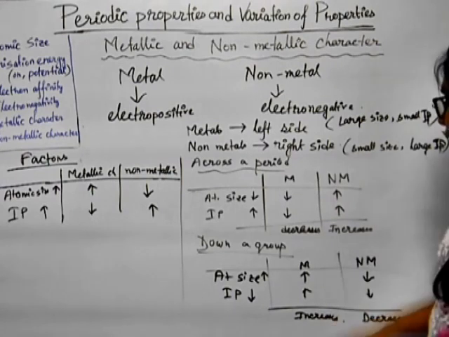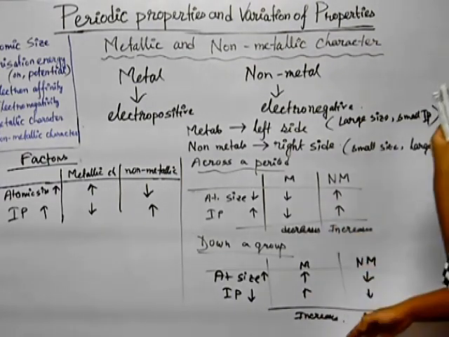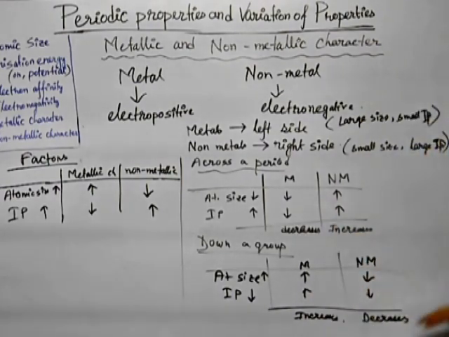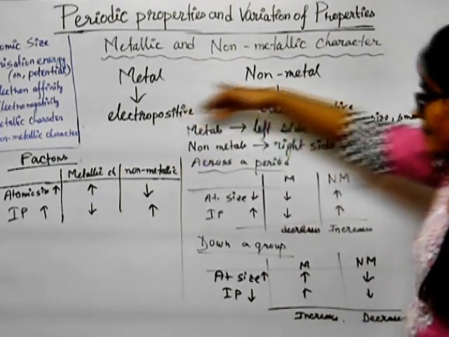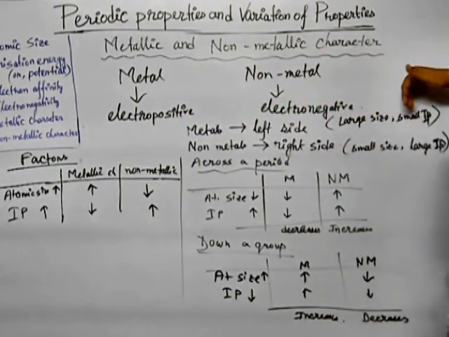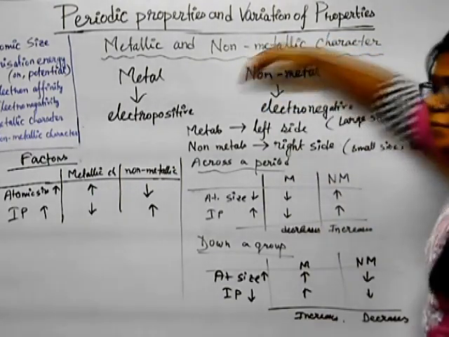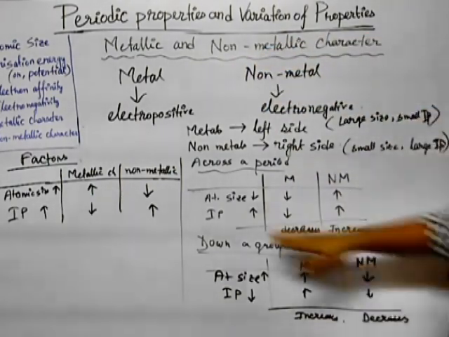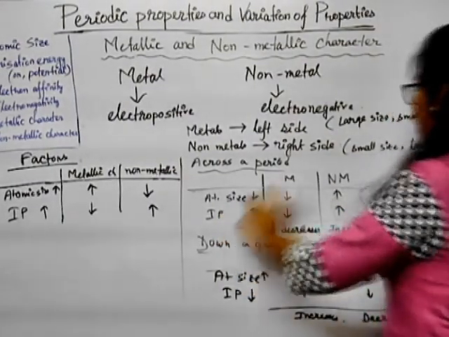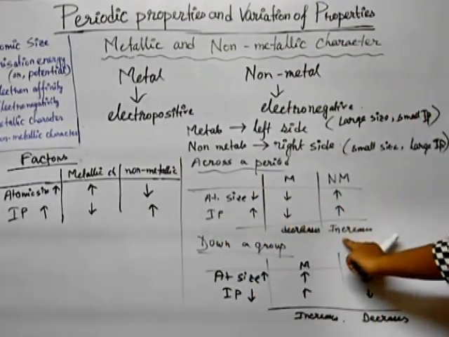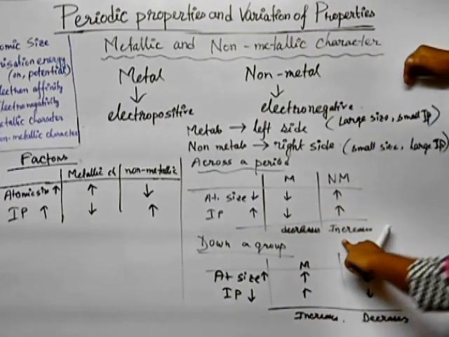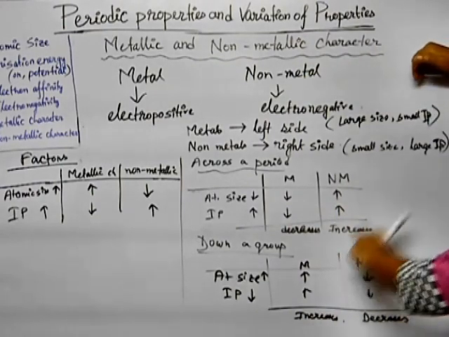So overall, down a group metallic character increases and non-metallic character decreases, and across a period from left to right the metallic character decreases. And in case of non-metallic character, from left to right the non-metallic character is increasing.